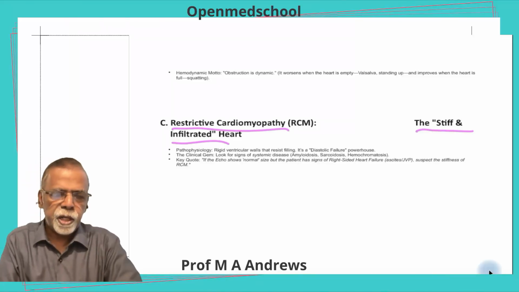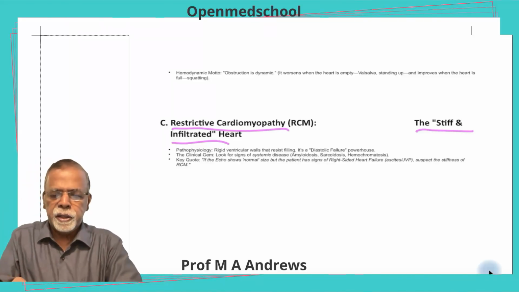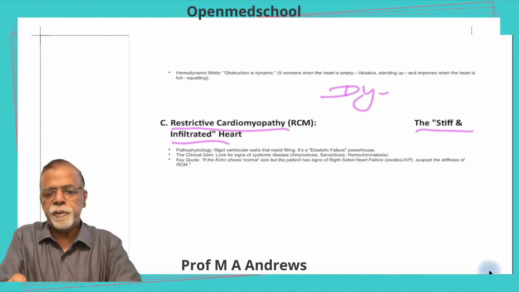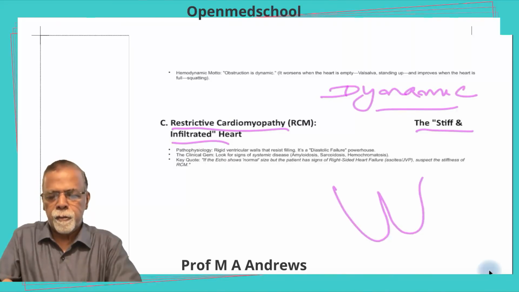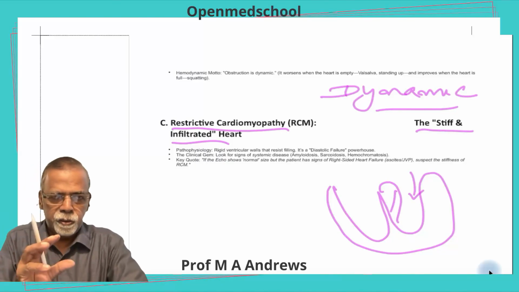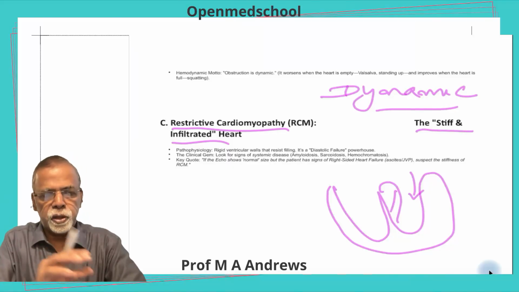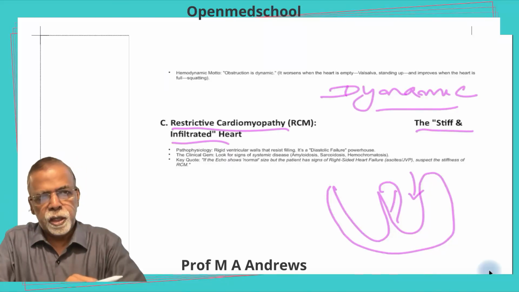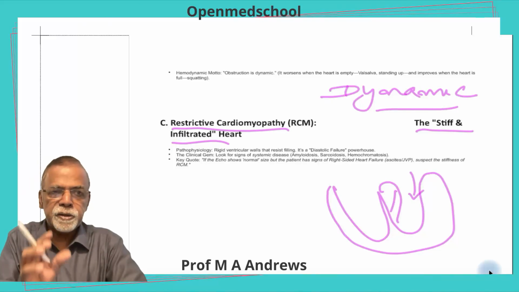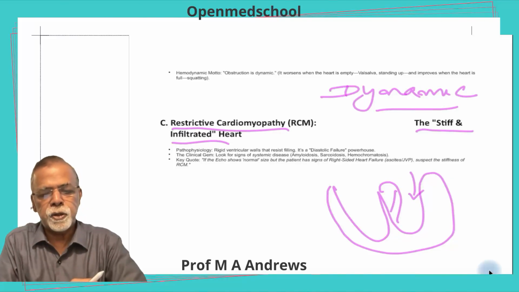So going back to hypertrophic cardiomyopathy, the obstruction to the outflow tract is dynamic. When the ventricles are full, the obstruction is less. So any condition that increases the diastolic volume, or the volume in the heart, will decrease the obstruction, whereas anything that decreases the ventricular size will increase obstruction.